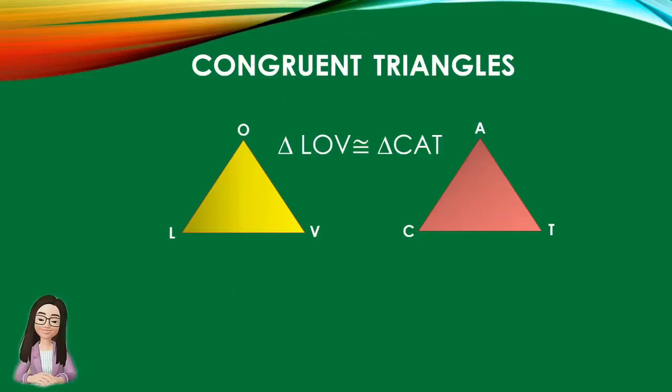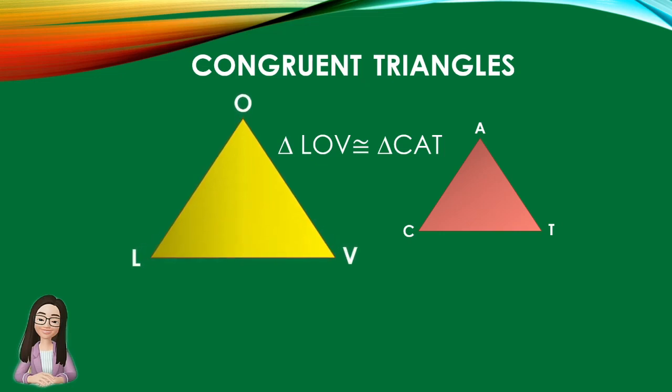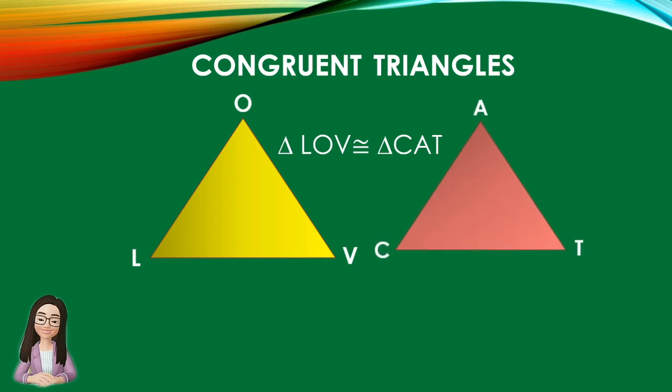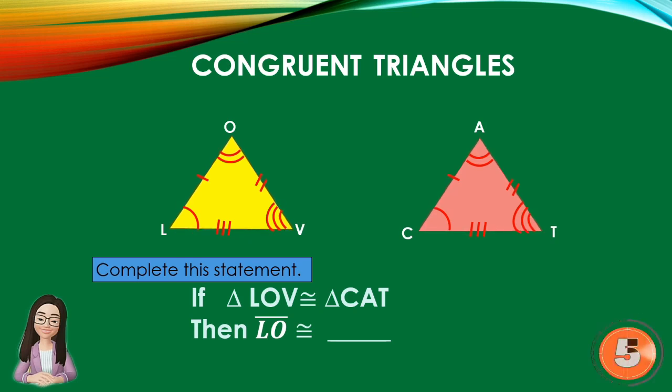Before we proceed to our new lesson, let us have a short review about the previous topic. Let us recall how angle LOB becomes congruent to angle CAT. Using the red tick marks on both triangles, can you complete this statement below? If triangle LOB is congruent to triangle CAT, then segment LO is congruent to blank.